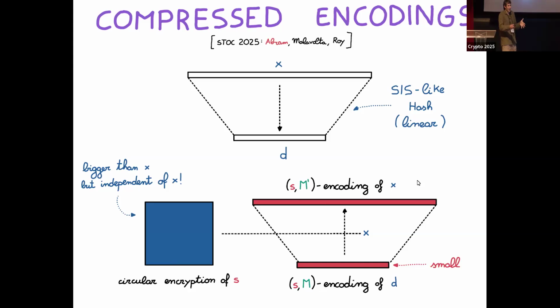And this sounds like it defeats the purpose of compressing the encodings. However, this blue square has still a very nice property, namely that its value is independent of X and the digest. So this blue square is reusable. We will amortize its cost over many executions of the hash function.